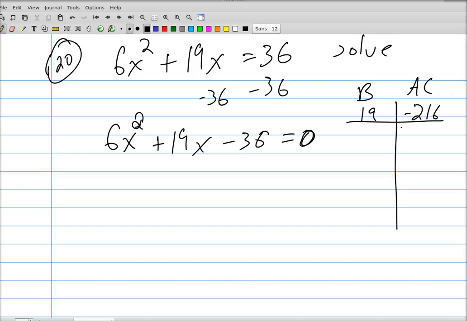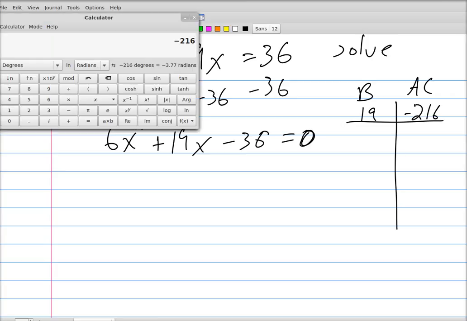Thinking about this, in order to multiply and get negative 216, it's probably going to be a positive times a negative. To get 19, I probably want a positive something larger than 19 and a negative, so I can subtract the two and get it to equal 19.